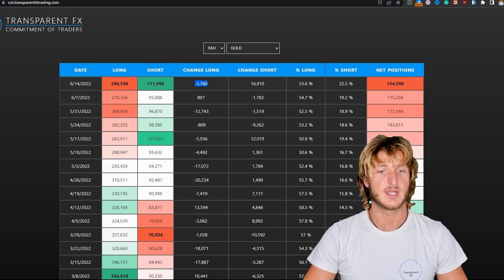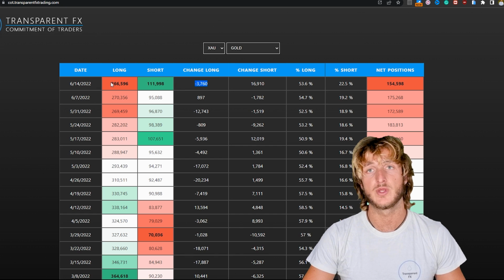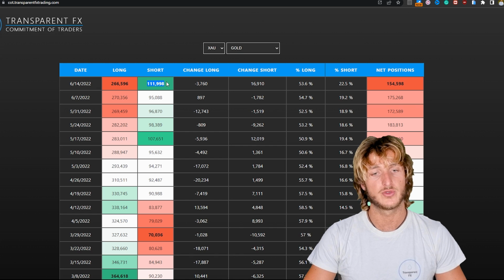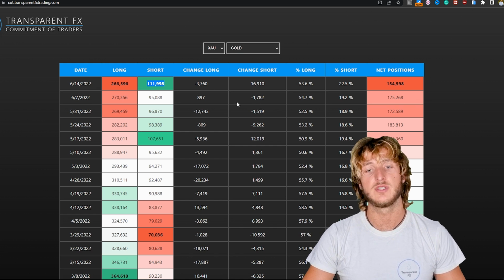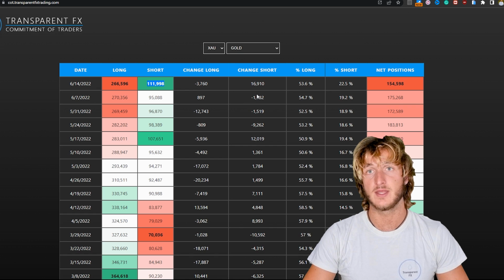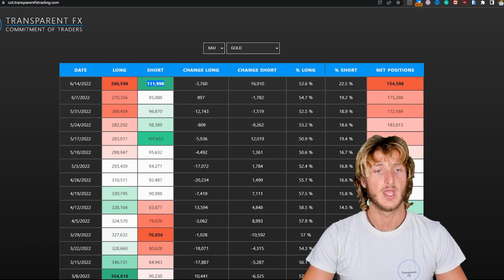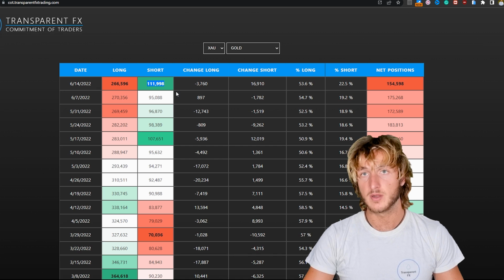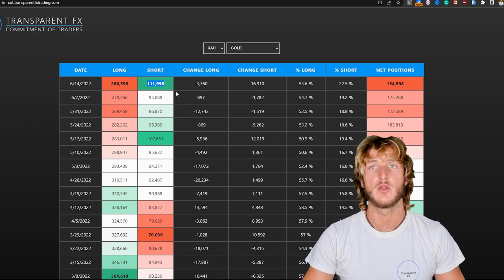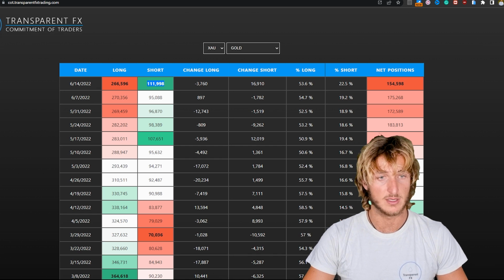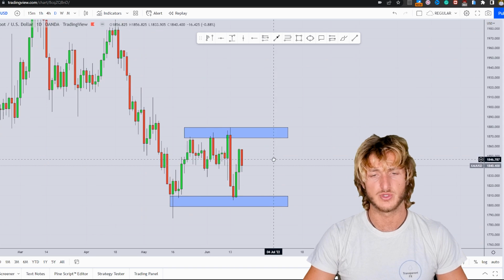However, we must notice how in general we're still sitting with way more longs than shorts, with 266K longs compared to only 111K shorts. So anytime we could see once again longs getting added and the market continuing with the uptrend. And that is obviously the bigger picture, which we have already seen also by looking at the technicals on the monthly time frame.